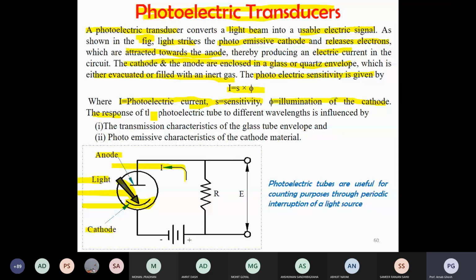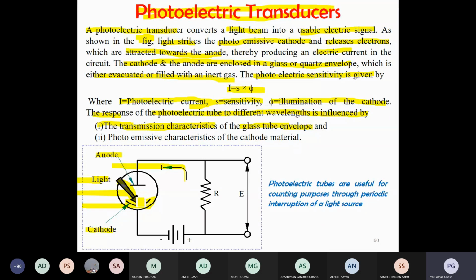The response of photoelectric tubes to different wavelengths is influenced by the transmission characteristics of the glass tube envelope, which relates to how fast the electrons are moving, that is, the current flow rate.